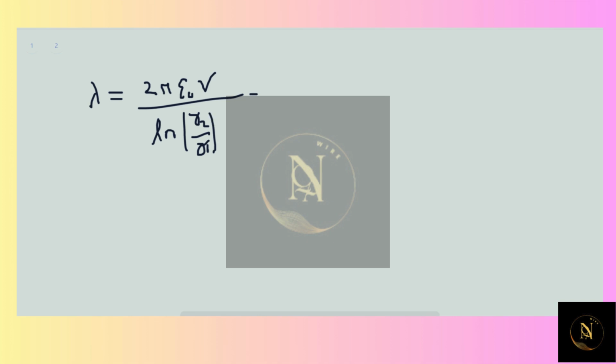And if I substitute the values of each and every term, so you know the value of epsilon naught, the voltage is given to be 6 volts divided by natural log of R2 by R1.